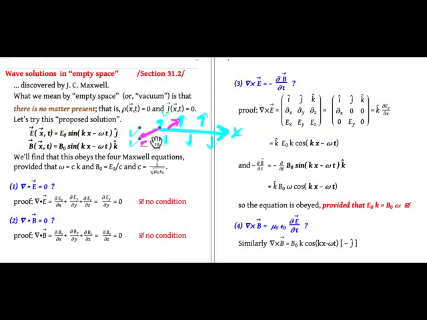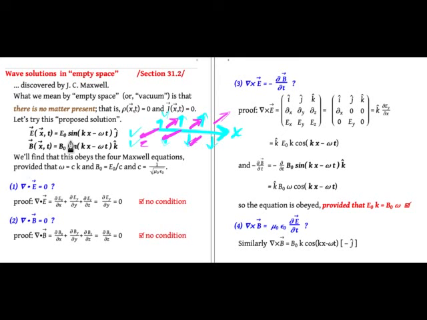The magnetic field again points in the z direction. And here, where the electric field is pointing in the negative y direction, the magnetic field is again pointing in the negative z direction. So you see, the magnetic field alternates or oscillates between the plus or minus z direction.